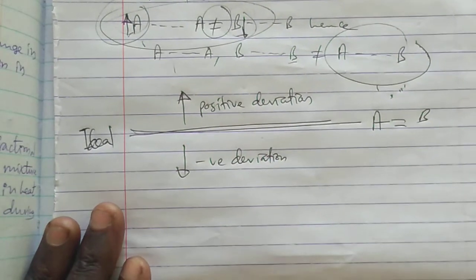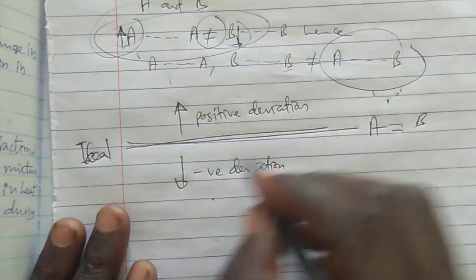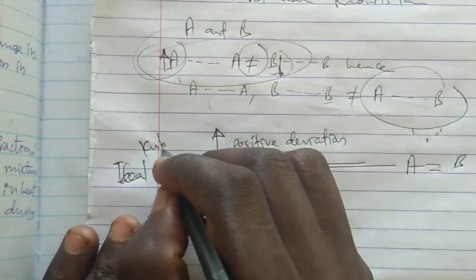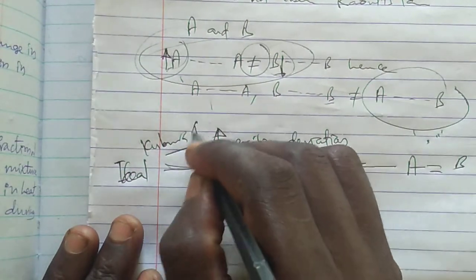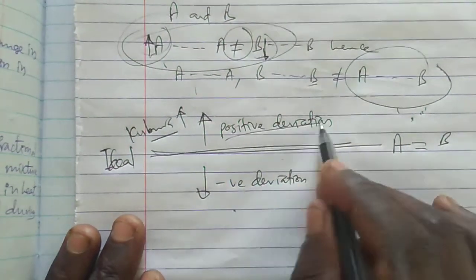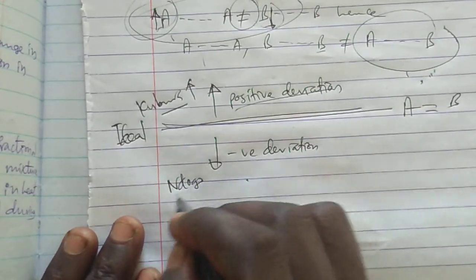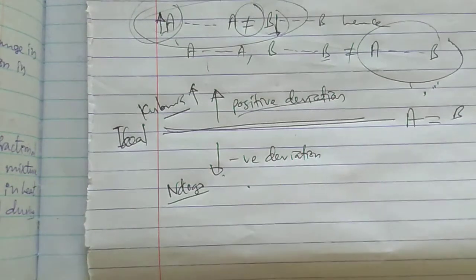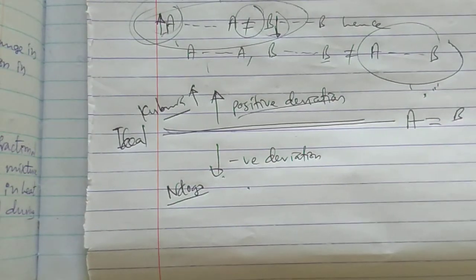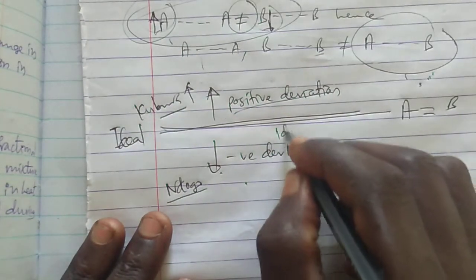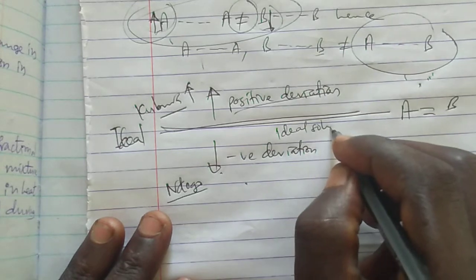If the vapor pressure is higher, we call it positive deviation. If the vapor pressure is lower, we call it negative deviation. You may ask, higher or lower, compared to what? Compared to the ideal solution.